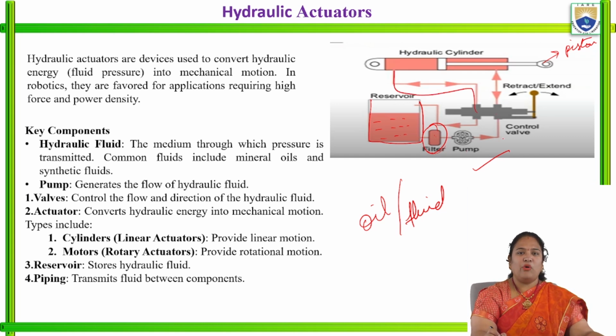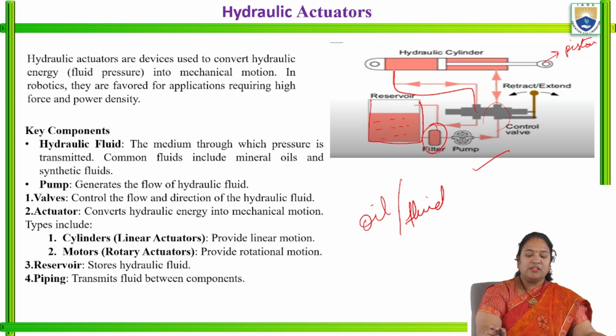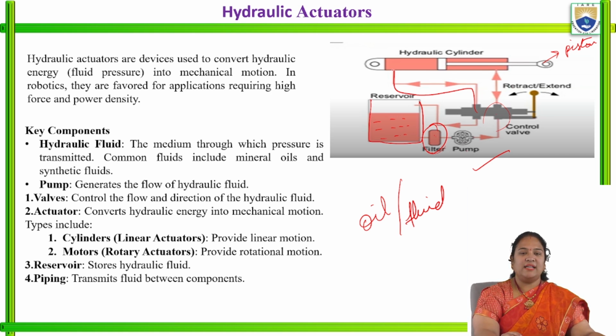The control valve is placed so that when the pressure is increased, it controls the pressure, and only the required amount of fluid is sent into the cylinder. As the fluid is sent into the cylinder, an amount of pressure is created, and with that pressure there is a forward movement of the piston or shaft, according to which the robot manipulator will move.